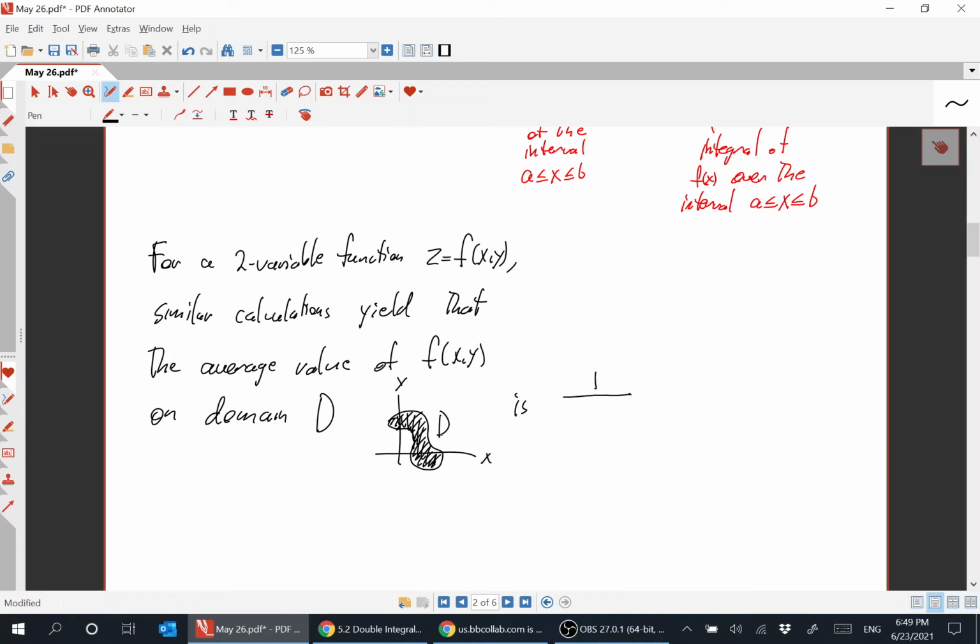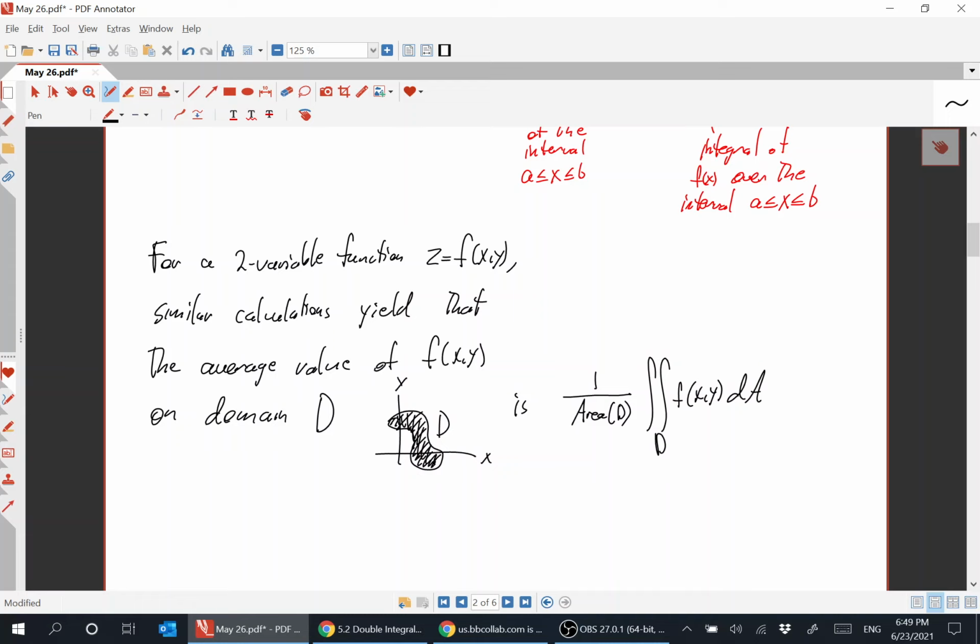How does one measure D? You measure an interval by measuring its length. Here, you measure D by taking its area. It's 1 over the area of D times the double integral over D of f of x, y dA.